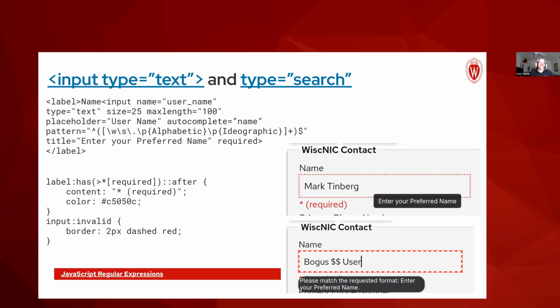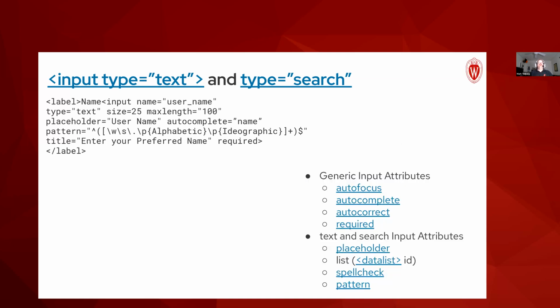The bullet point list. HTML code. And there are again several other kinds of attributes that we use aside from pattern, title, required. Autofocus. When that page loads, it will take the input and put it to that element. So one element on a page can have the autofocus attribute, and that will navigate to that form element as that page loads.